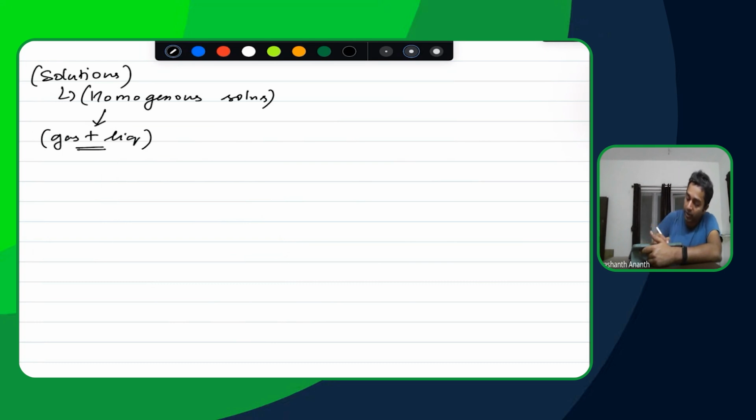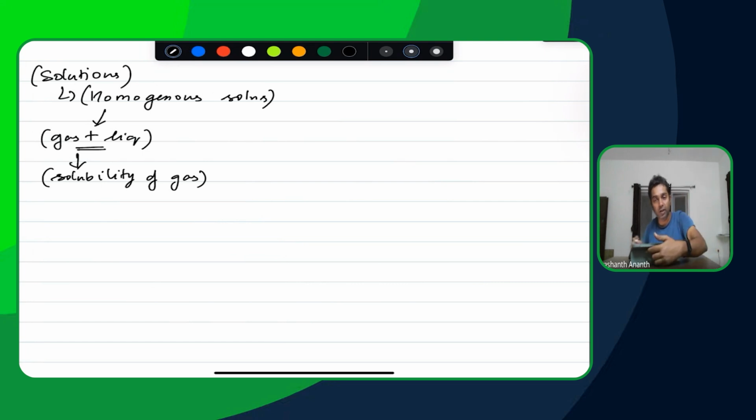The most important property is, of course, the solubility of the gas, because how is it that the gas is dissolving? Solubility of the gas is going to be critical here. This solubility of the gas is studied by a law called Henry's law.